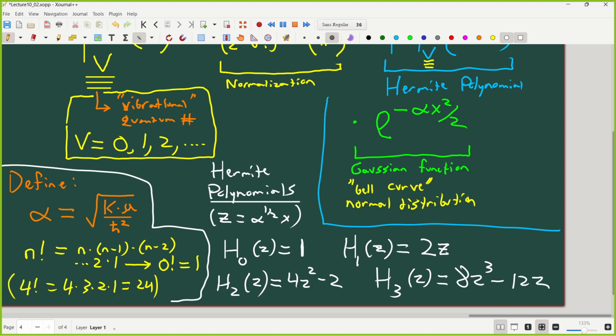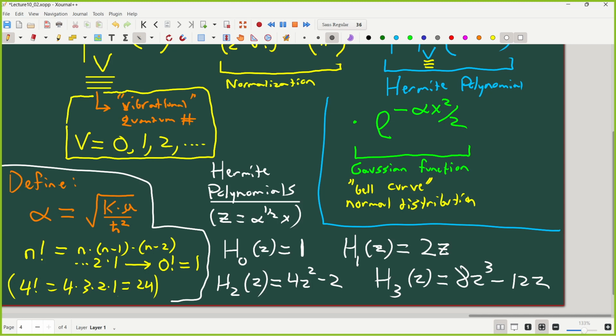There's a reason why it's called a polynomial: the Hermite polynomial is a polynomial, just a function of the coordinate. And the v, 0, 1, 2, 3, the quantum number, determines the order of the polynomial. So for the ground state, the Hermite polynomial is just 1. That's a 0th order polynomial. There's no powers of z.